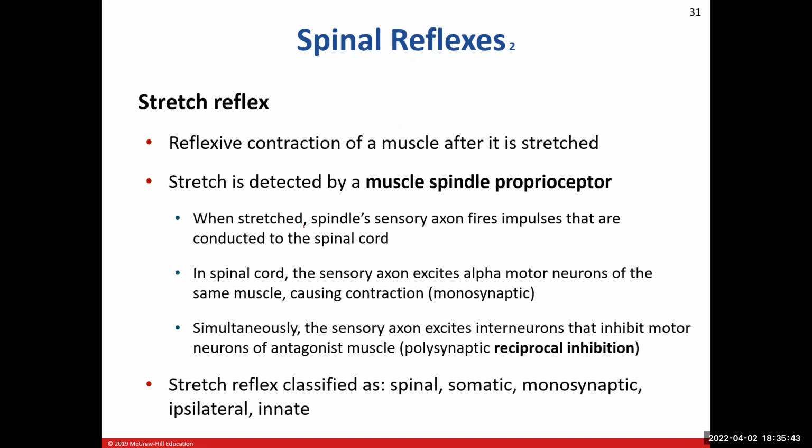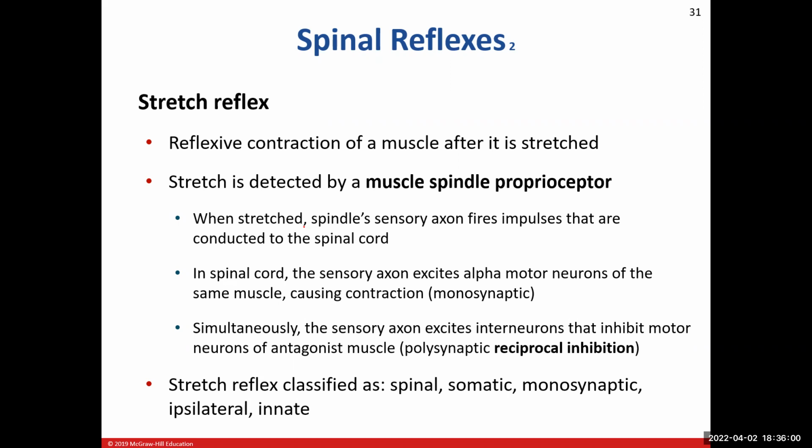So our muscle spindle is going to be activated by the stretch, and it is going to fire sensory impulses along the sensory neuron towards the spinal cord.